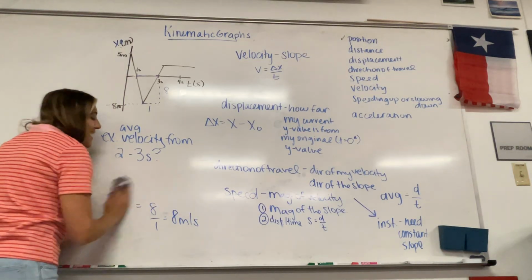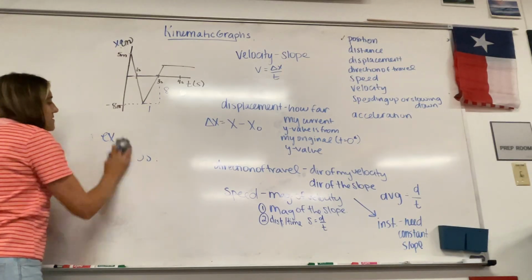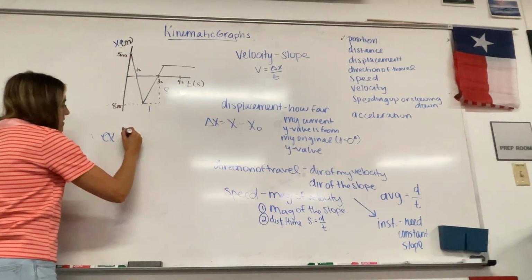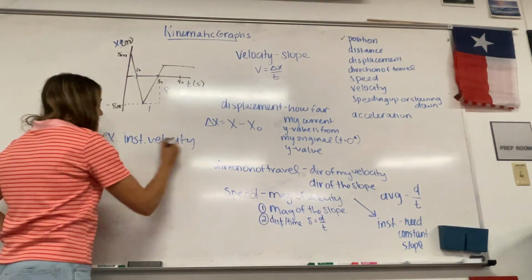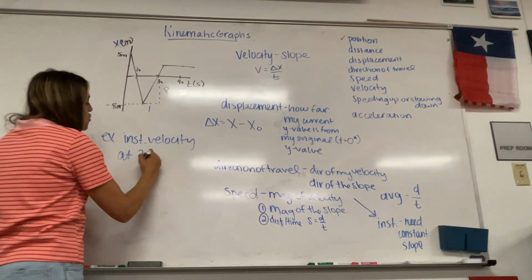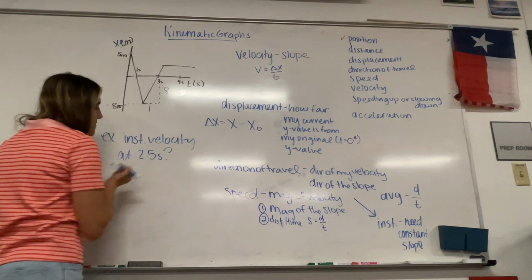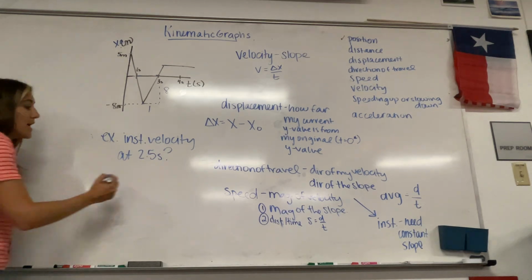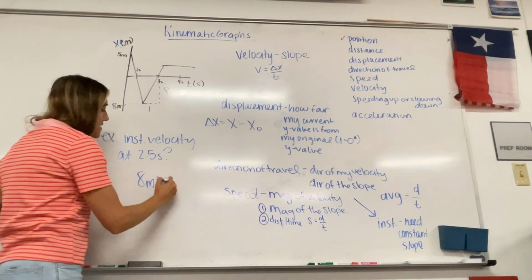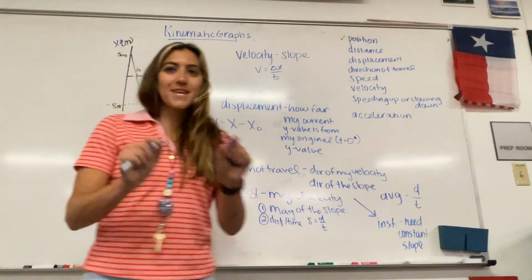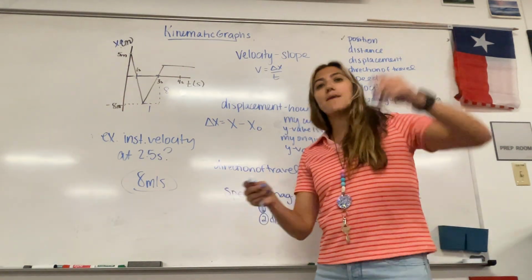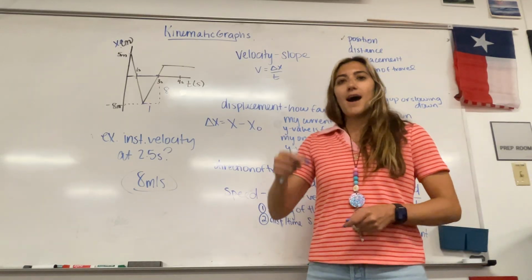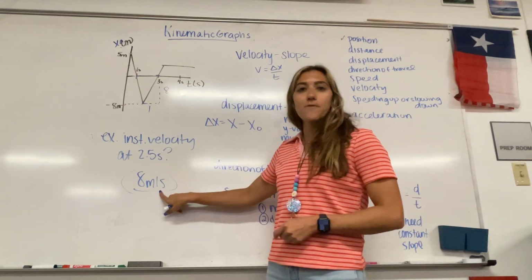If I want the instantaneous velocity at 2.5 seconds, it would be 8 meters per second. Again, didn't have to calculate it. I need constant slope so that I know that whole time from 2 to 3 seconds, I have a slope of 8 meters per second.